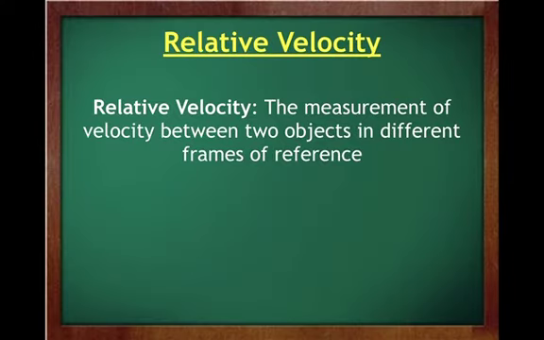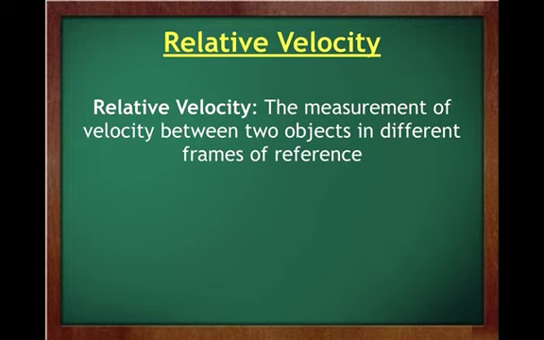Okay, so with relative velocity, here's your key term for your vocab list. Relative velocity is the measurement of velocity between two objects in different frames of reference. The big thing that's different with relative velocity is that for most of the stuff we've been doing, it's all been from one point of view, right?